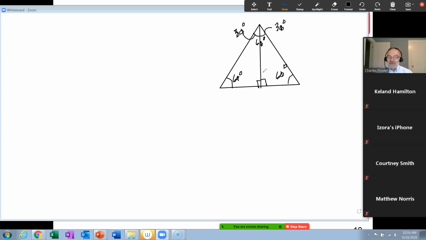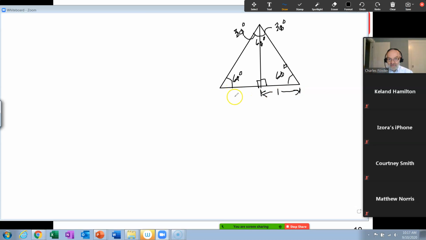Now, here are things to note. What if we just arbitrarily define this side right here to be 1? That's from this point here to this point here. This would be a distance of 1.